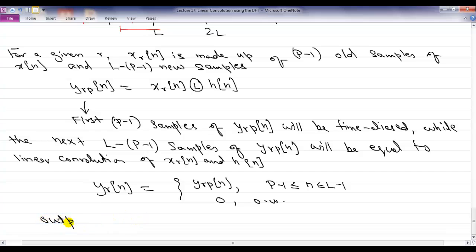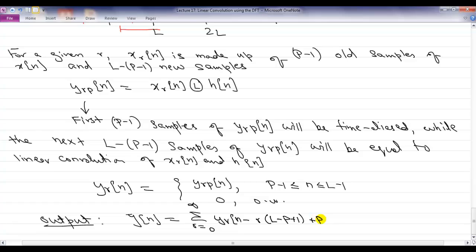So my output is simply y[n] equals the sum over r from 0 to infinity of y_r[n minus r(L minus P plus 1) plus P minus 1]. Okay. So my output is not all the block outputs. My output always throws away some portion of my block outputs and outputs the rest.